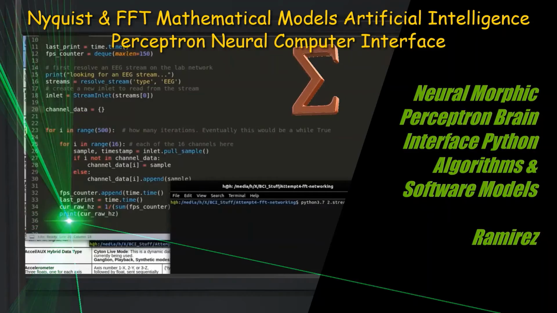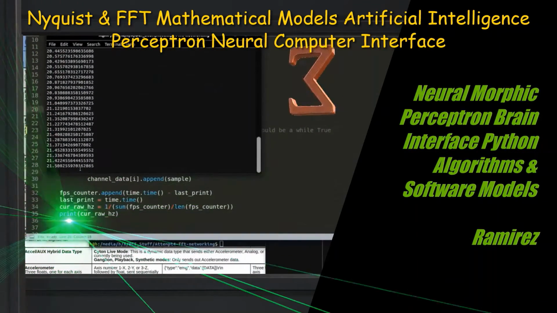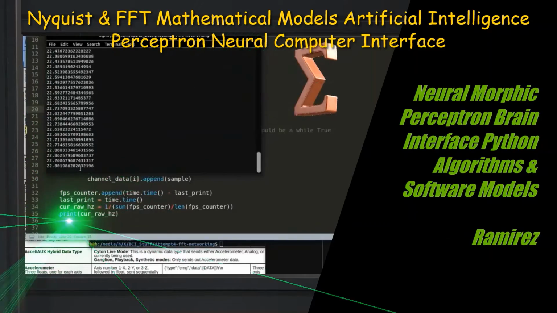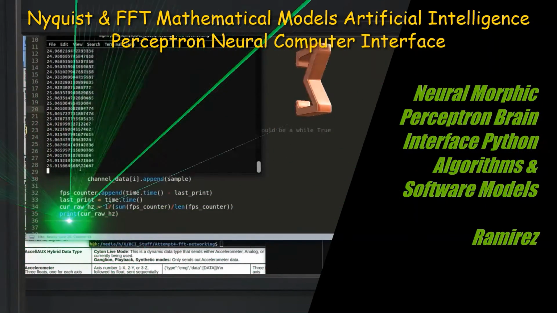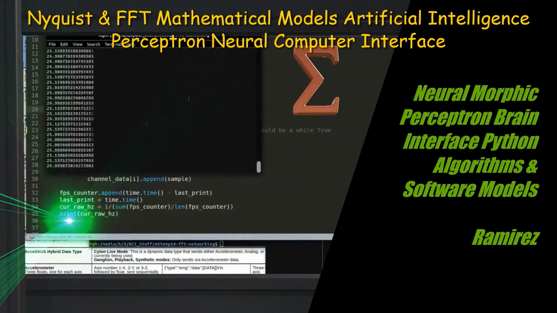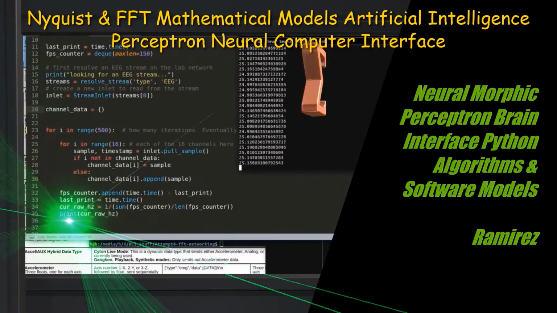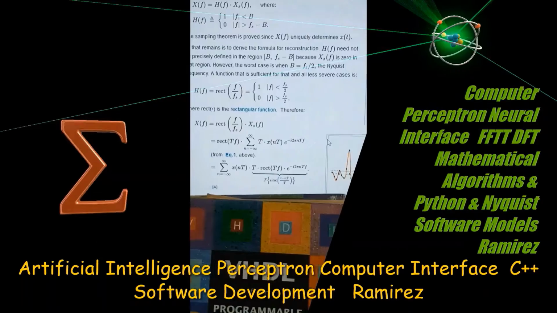Fourier analysis converts a signal from its original domain to a representation in the frequency domain. The discrete Fourier transform is obtained by decomposing a sequence of values into components of different frequencies.